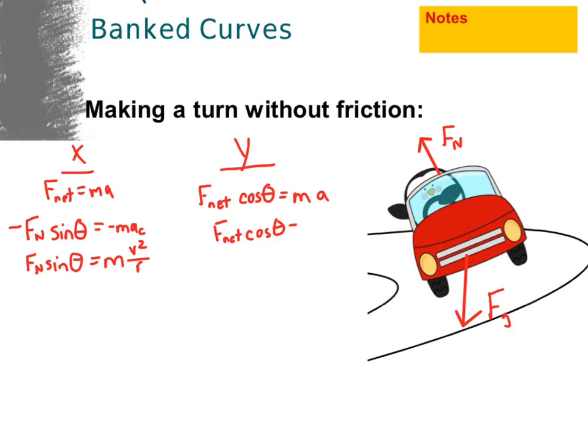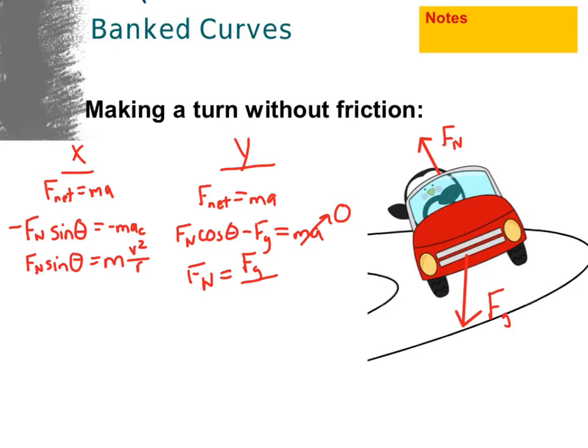Oops, not F net. Let me try that again. Okay. Normal force times cosine theta minus Fg equals mass times acceleration, but the acceleration in the y direction is 0. So I have normal force equals gravitational force divided by cosine theta, or normal force equals mg divided by cosine theta.